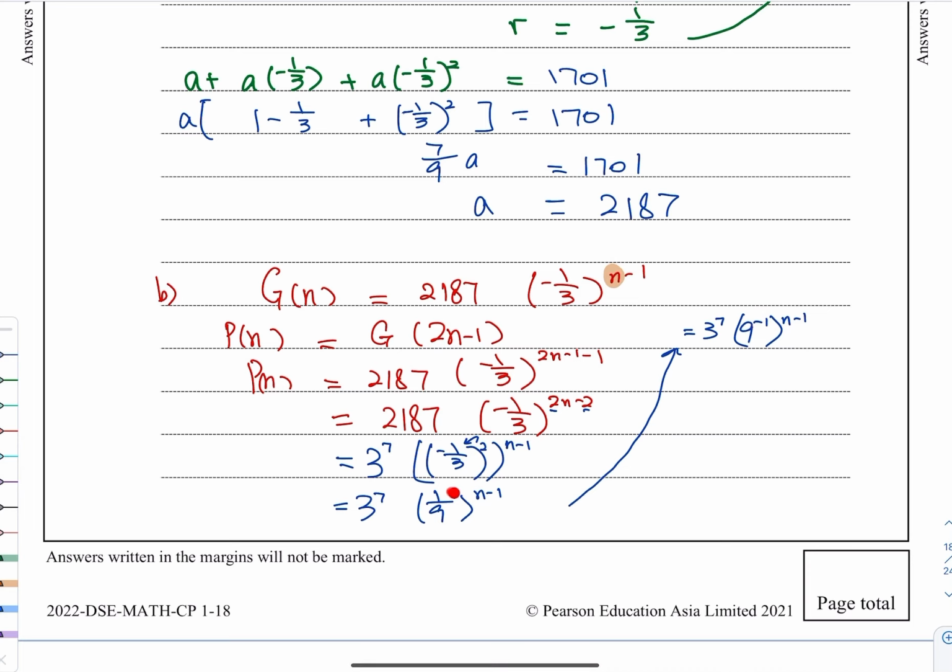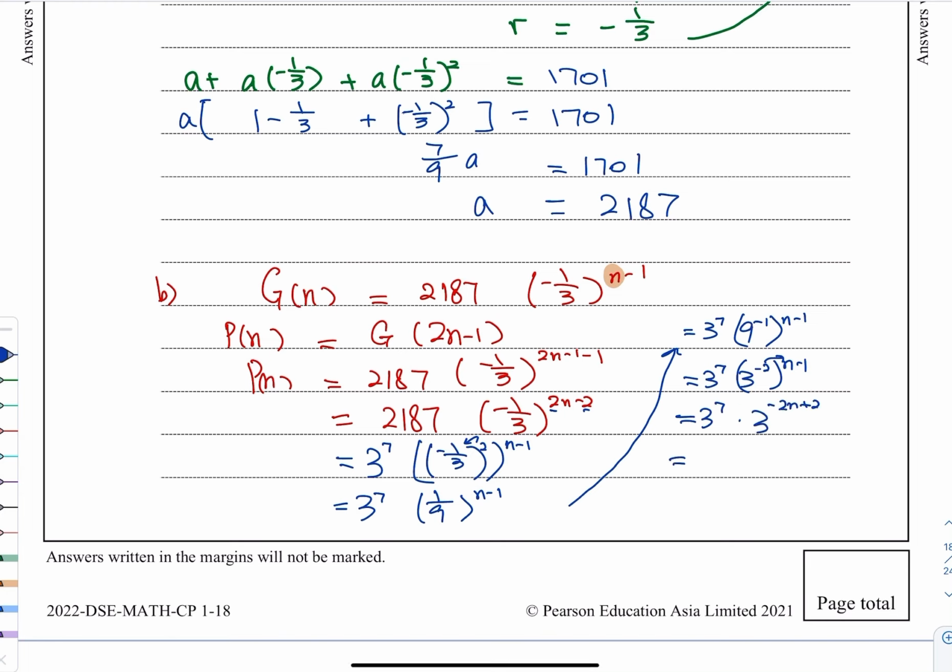If you move the place up or down, like switching places, you change the signs. And then this 3 I want to change to 2. So 3 to the negative 2 and minus 1, 3 to the 7. And then this negative 2 goes back out, so it will be 3 to the negative 2n plus 2.